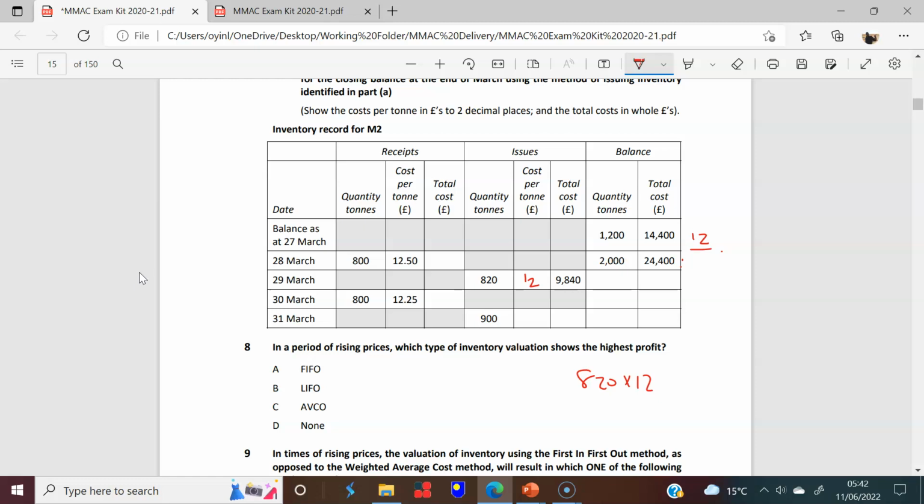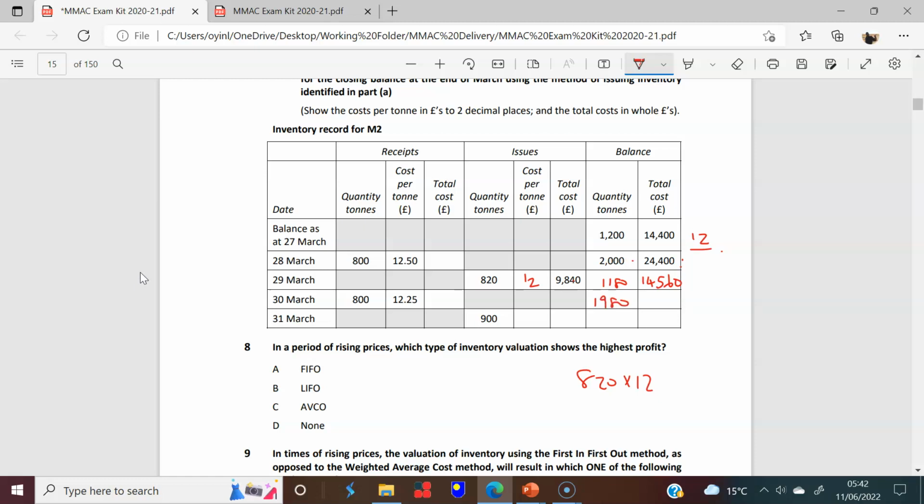So I now have 2,000 less 820 in stock, which looks like 1,180. Yes, and then of course you find the difference between the values, which is 24,400 minus 9,840, and then you have 14,560. Then you bring in some new stock of 800, and that increases this, of course, to 1,980.